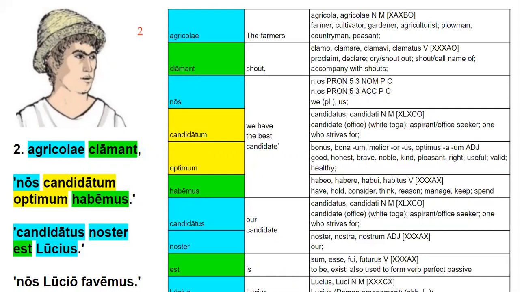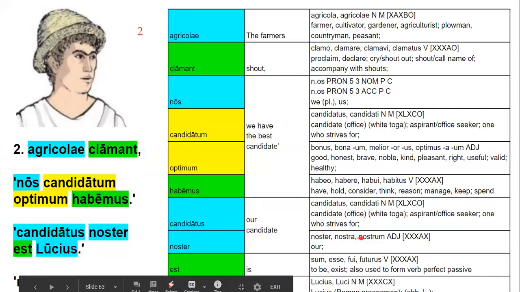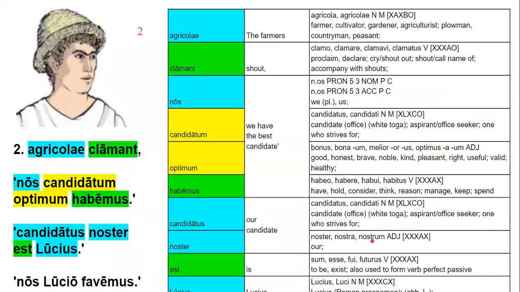And then we look over here. We get noster, nostra, nostrum. This right here is the masculine, this is the feminine, and then this is the neuter forms of this. It's an odd word because something like puer, if you notice that puer follows, it looks like it should be a third declension, but it actually is following the declensional pattern of the second declension.